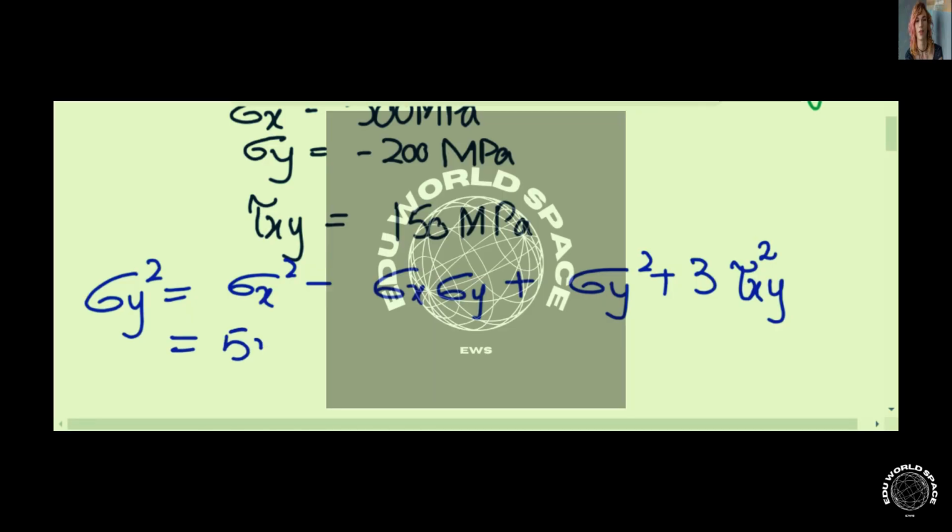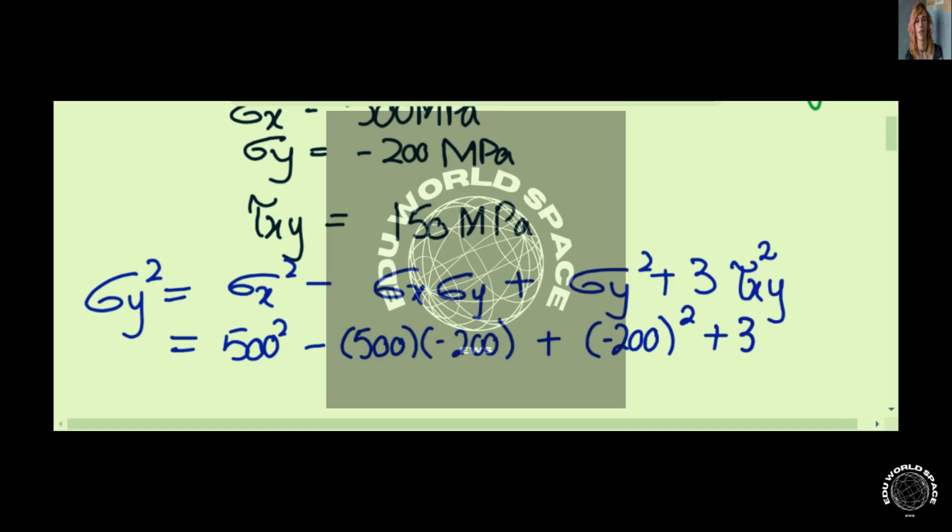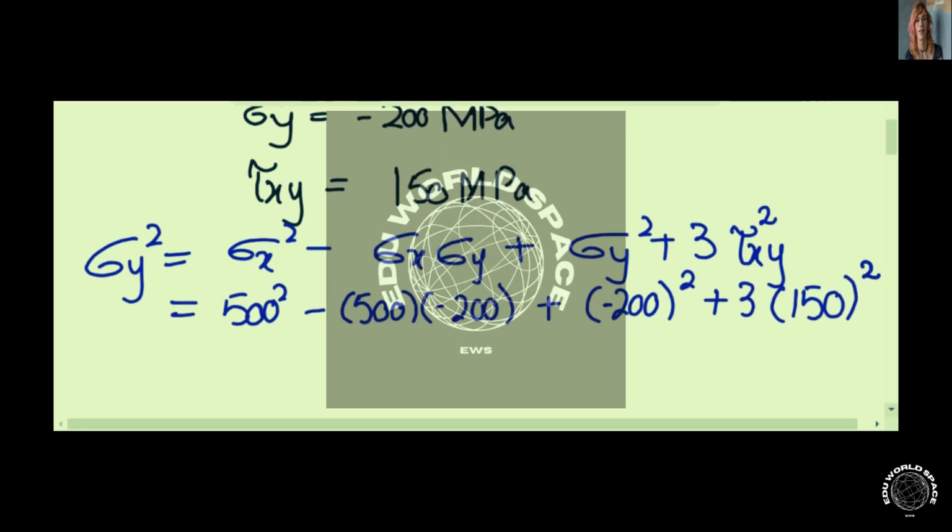First of all, we have 500 squared, minus 500 times negative 200, plus the square of negative 200, plus 3 times 150 squared, right?